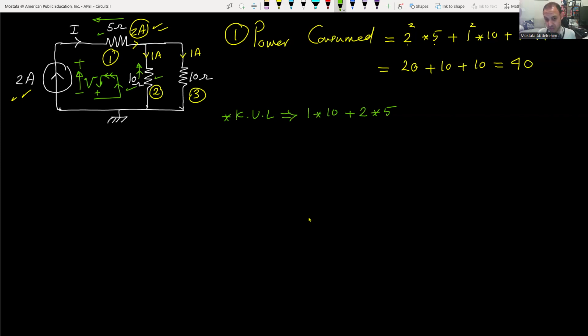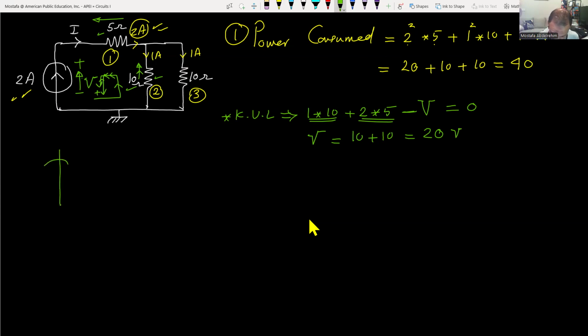We know the current of the current source, but we don't know the voltage. The loop direction is going down, it is going up, so it's negative. Negative V equal to 0. So V is equal to 10 plus 2 multiplied by 5, which is 10. So 10 plus 10 is equal to 20 volts. So the voltage across the current source is 20 volts.